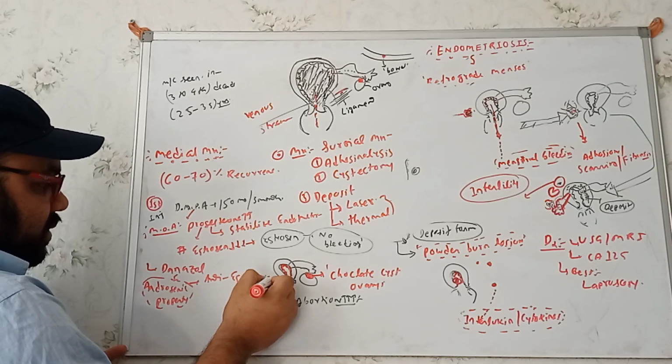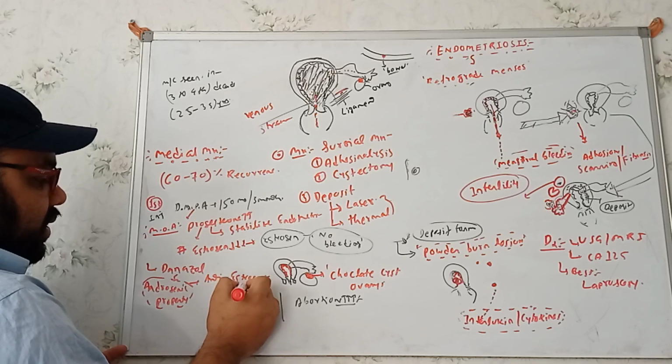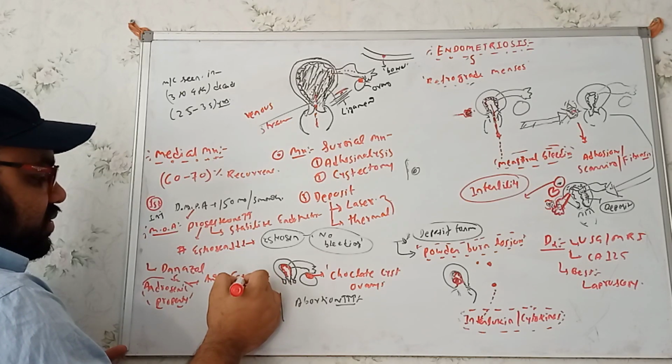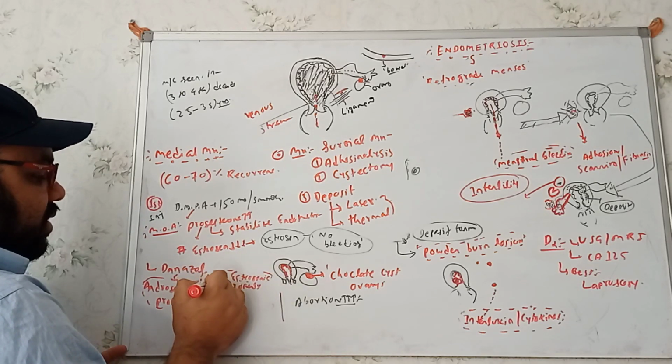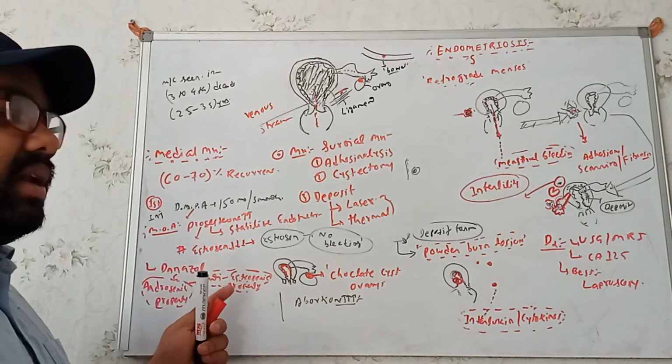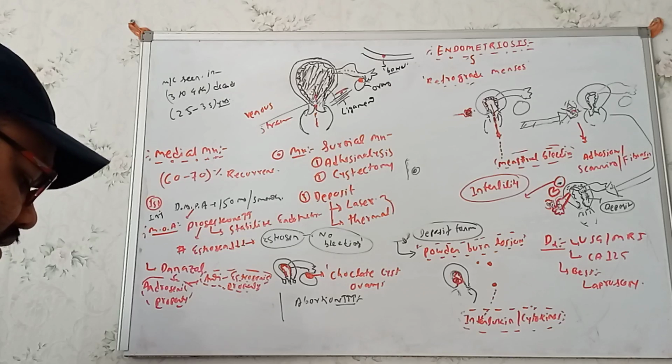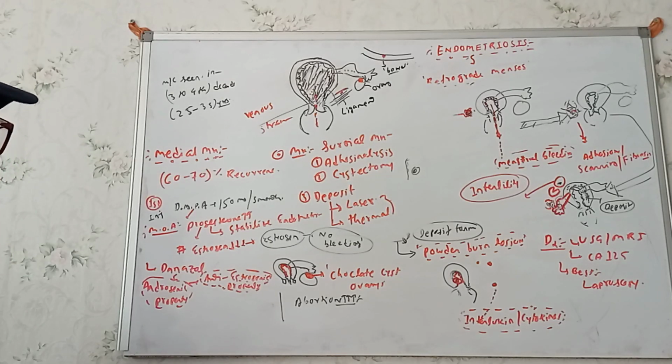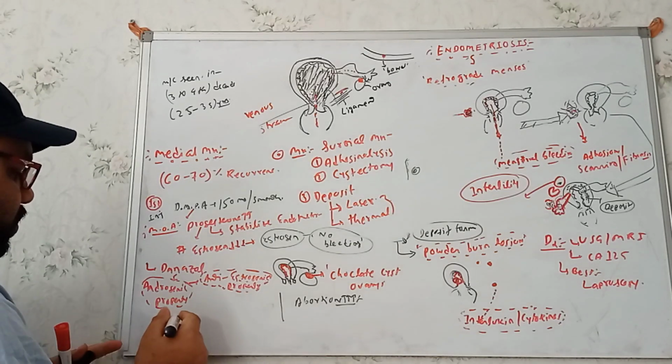So it will not let the estrogens secrete sufficiently, or you can say that the functions of the estrogen will be inhibited by the action of danazol. But danazol is having some side effects. Okay. So what are the side effects?